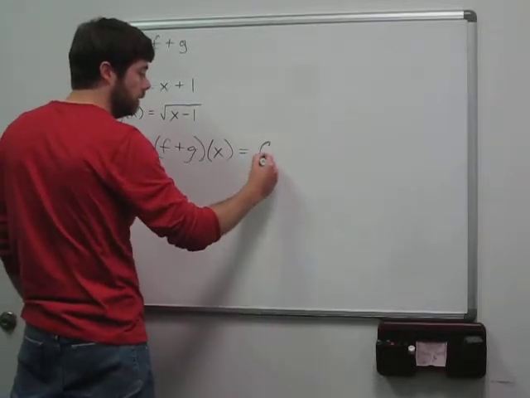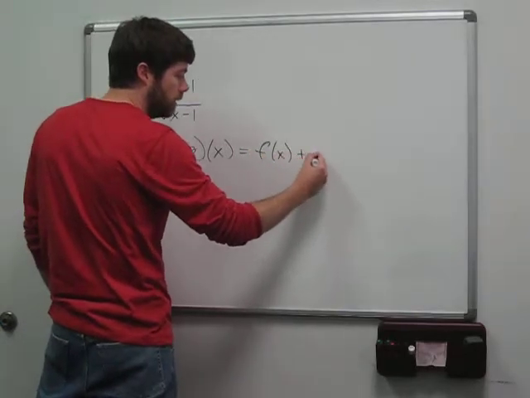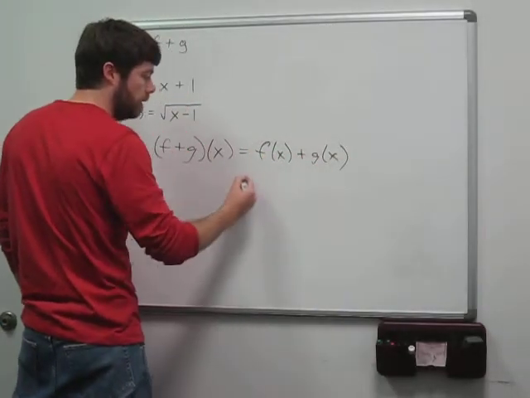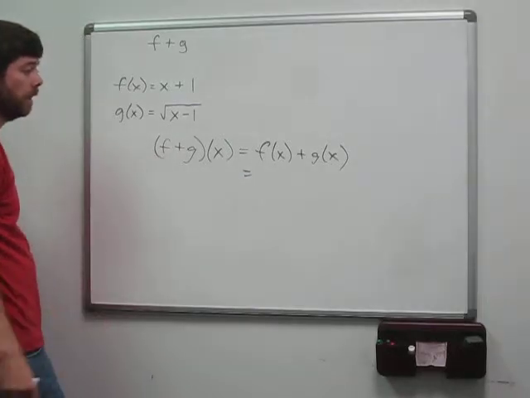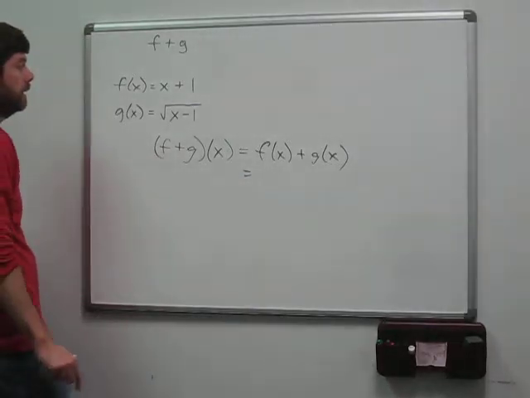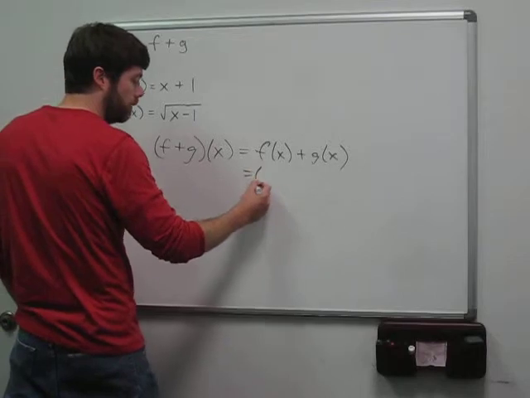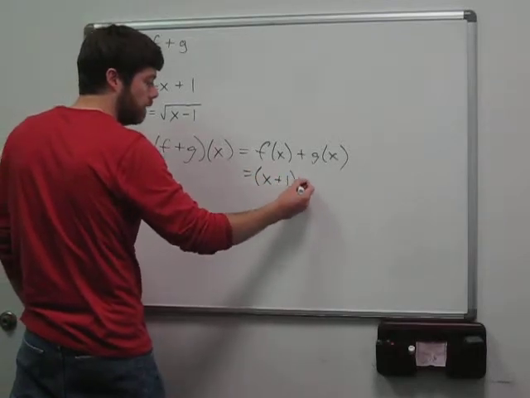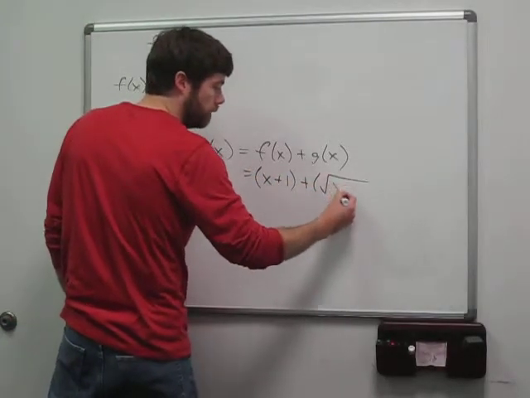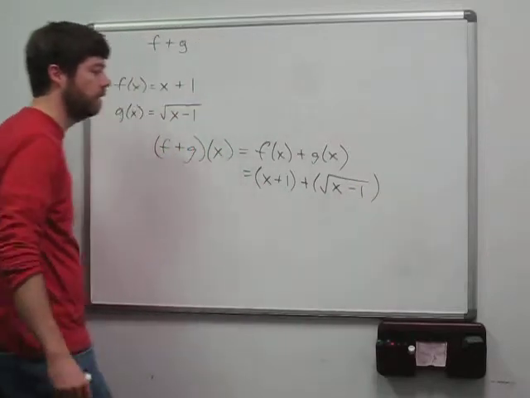So by definition, this is f of x plus g of x. So we're going to just take our two formulas and add them together. The formula for f of x is x plus 1. The formula for g of x is the square root of x minus 1.